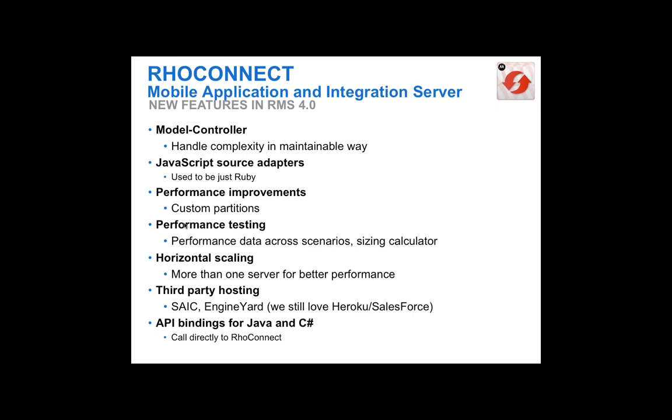We have a bunch of performance improvements. One of them relates to the fact that RhoConnect has either app partitions, where all data is shared amongst everybody, which you might use for something like a product catalog or any information that every user would see. And then, of course, there are user partitions.